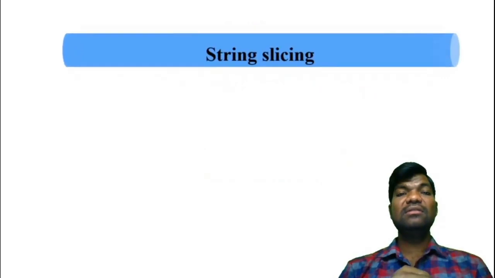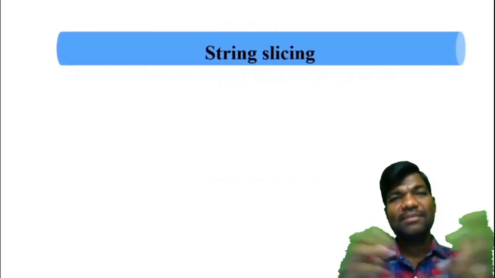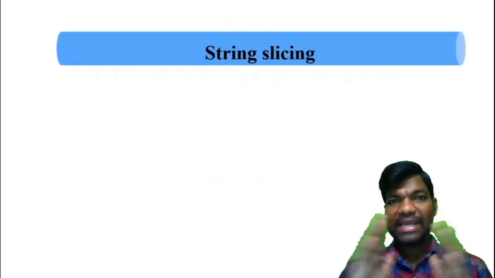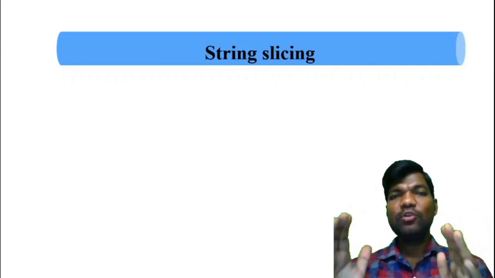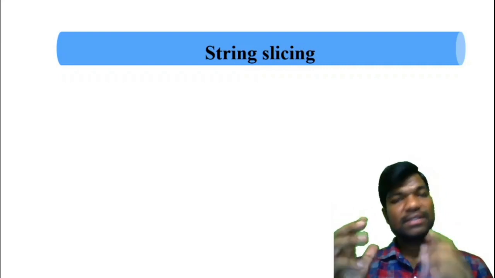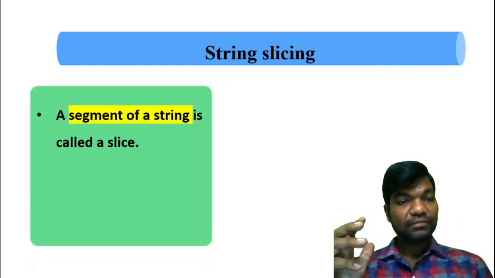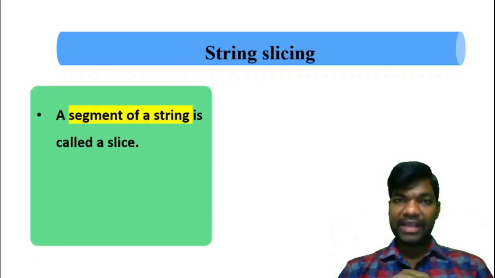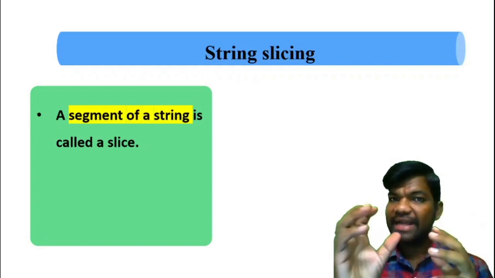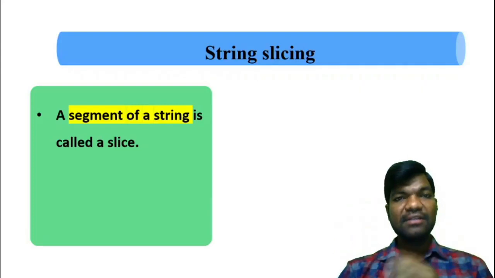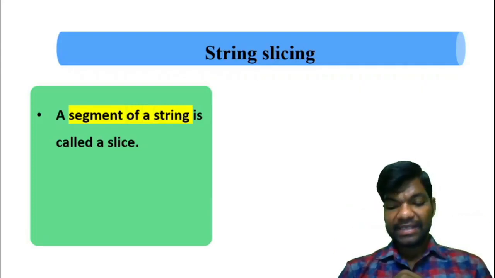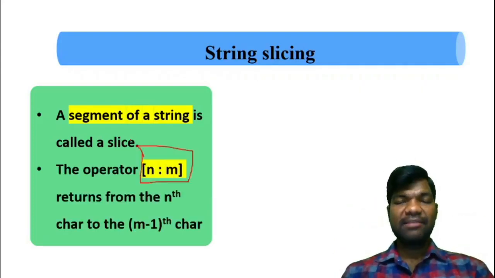Coming to the first one, string slicing. What is meant by slicing? Slice, a piece, right? So you are dividing the string into pieces. That is called slicing. That means a segment of string. So you are extracting or finding a segment of string, that is called string slicing. How do you find the segment of string?